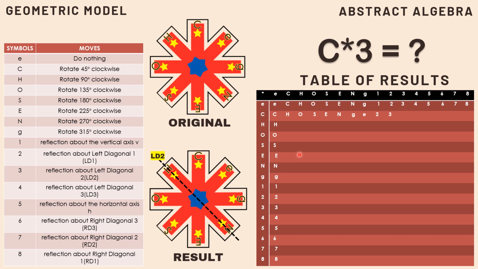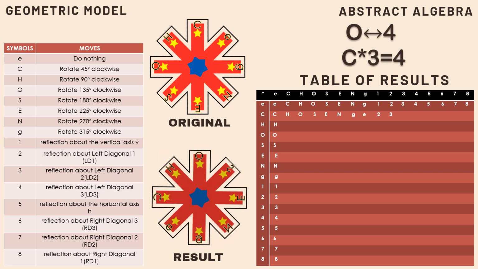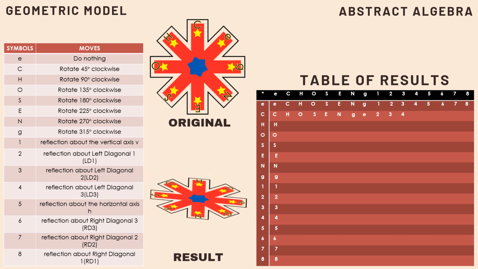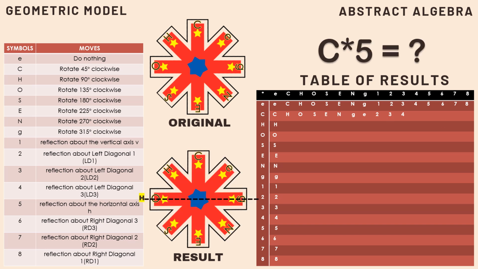Next we have C star 3 is O, since O maps to 4, then C star 3 is 4. Next, we have C star 4. So since S maps to 5, then C star 4 is 5. Next, we have C star 5.